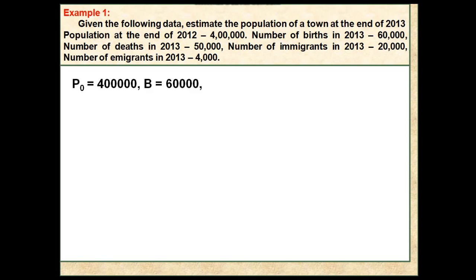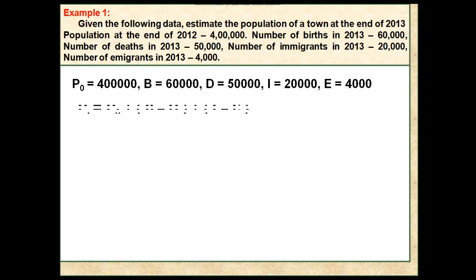After applying these values in abbreviation, we are getting P0 is 4 lakh, B 60,000, D 50,000, I 20,000, E 4,000.